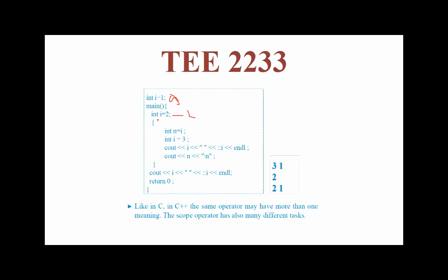Then you open another block here. int n = i; It goes outside this block, so it will pick this one. int i = 3; So our n is equal to i. n takes the value of 2, right? Then int i = 3; We are now hiding this, and now our i is equal to 3 within this scope.